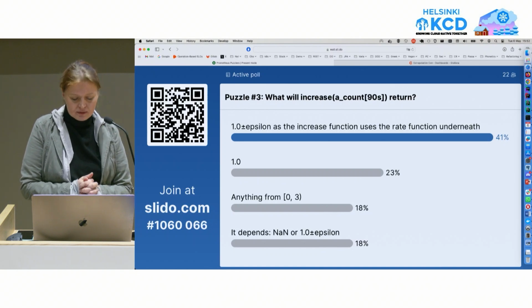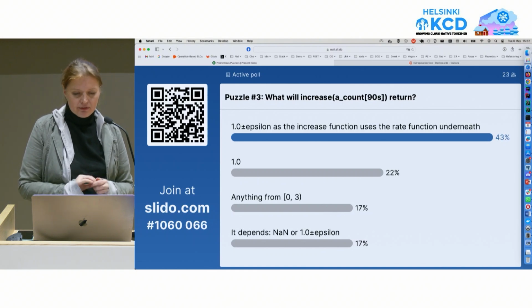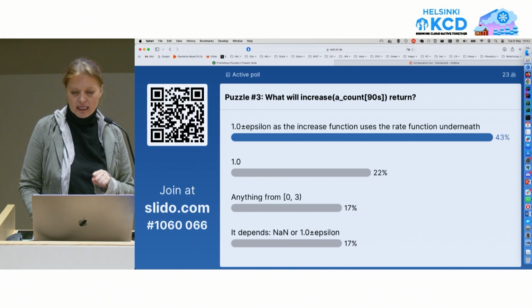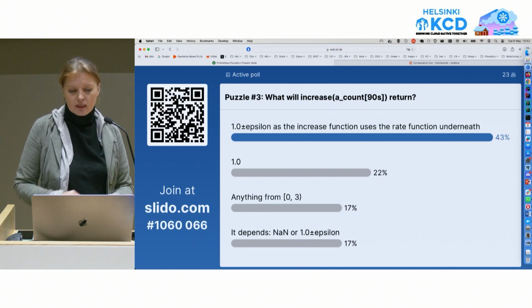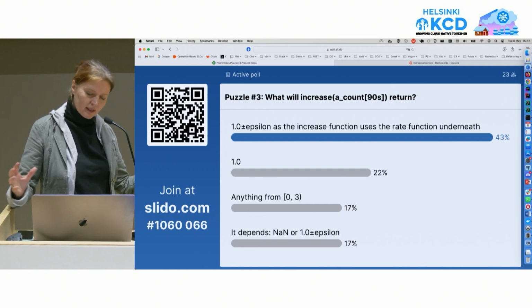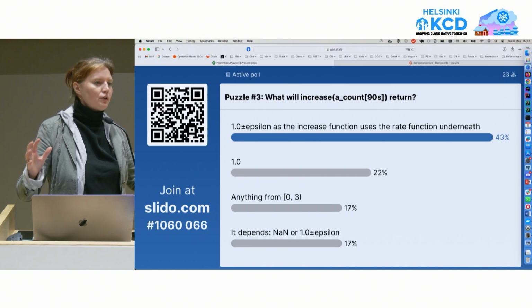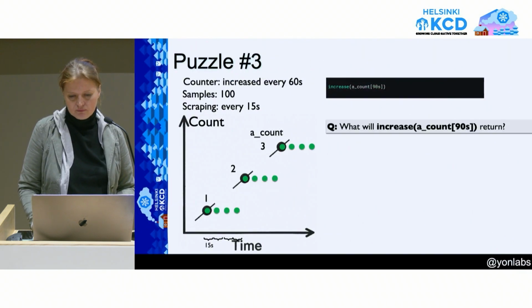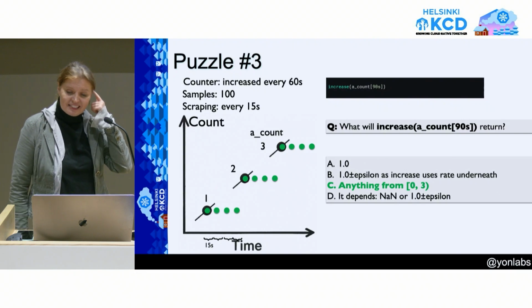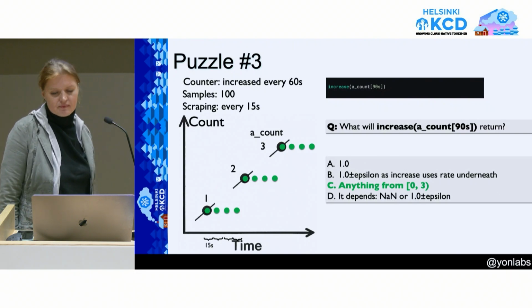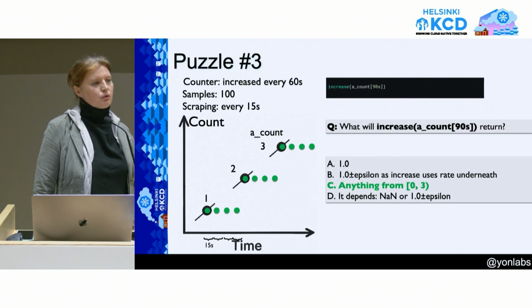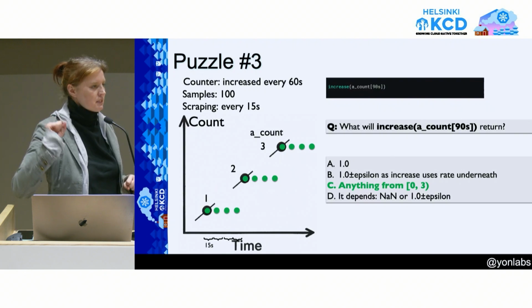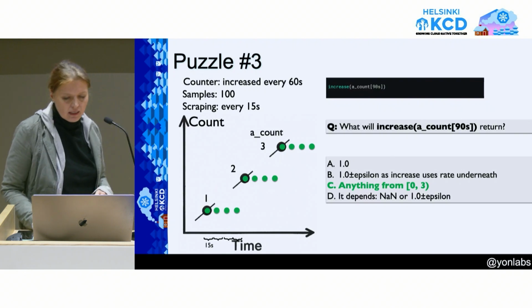And yeah, you really believe it's all about epsilon. We have a clear winner now. And unfortunately, again, I'm sorry to say you're wrong. So that's anything from 0 inclusive to 3 exclusive, kind of.